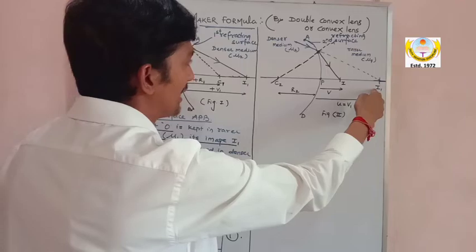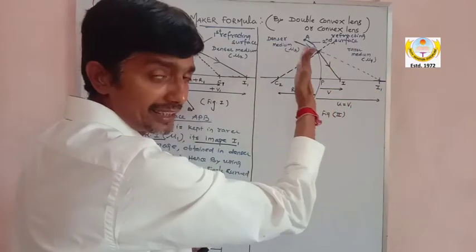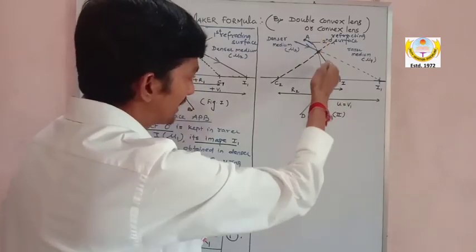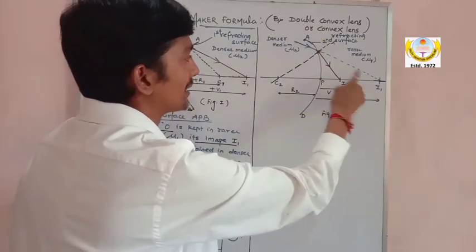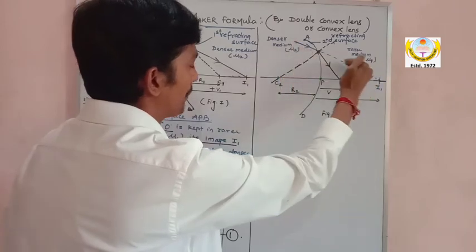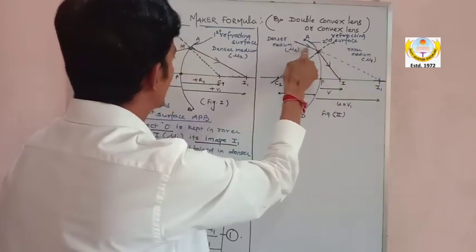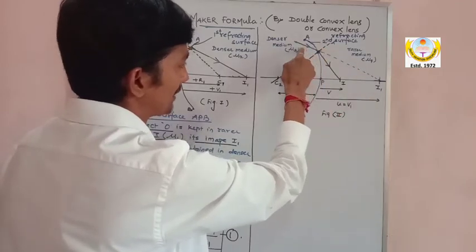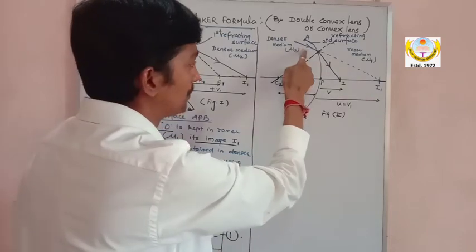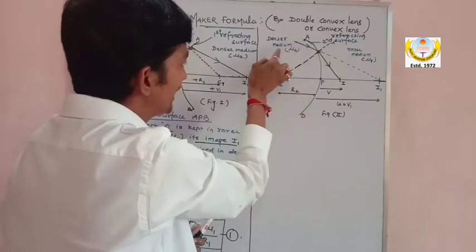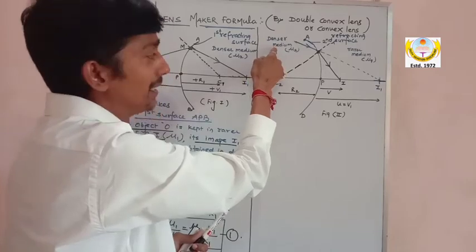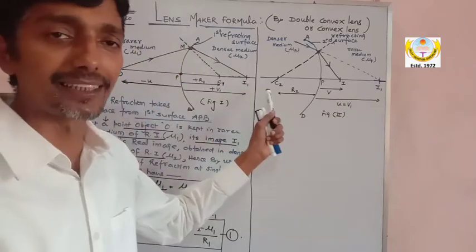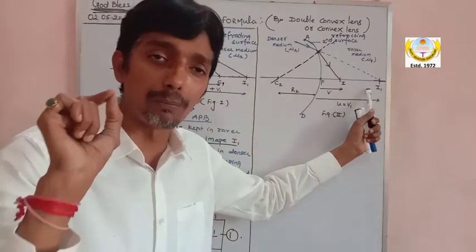Now this image I1, for the second surface, that's a line which you are supposed to write, this image I1 for the second surface APD acts as the virtual object. If you produce this ray at the back, it will act as the virtual object, and this line is in the denser medium. I mean to say that this image I1, which was for the first refracting surface, is now the virtual object.